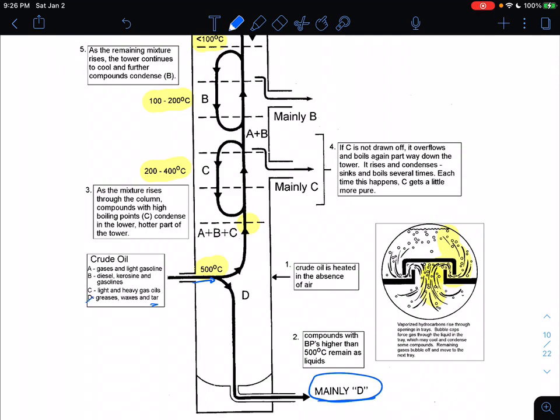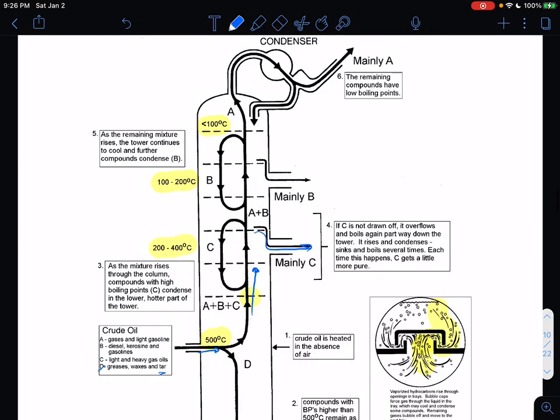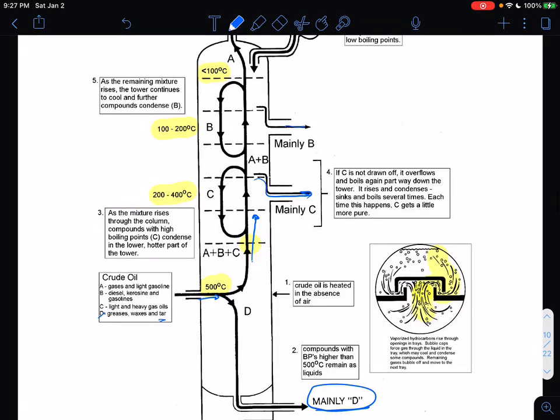Then D is gone, and the rest, A, B, and C, continue to move up the tower until, again, they condense out and are drawn out. Again, the next longest ones are drawn out, and this continues moving up the tower until B, the gasolines, are drawn off. Then you collect substances that are usually gases with really low boiling points. So that's the idea of a fractionation tower.